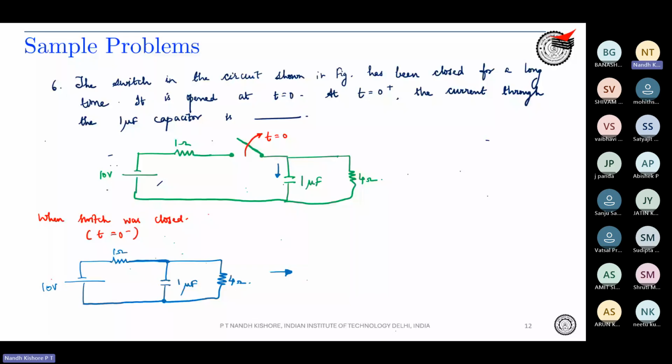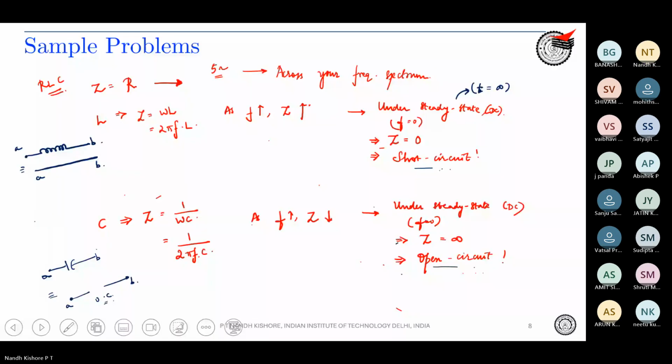Under steady state, the capacitor is open circuit, correct?